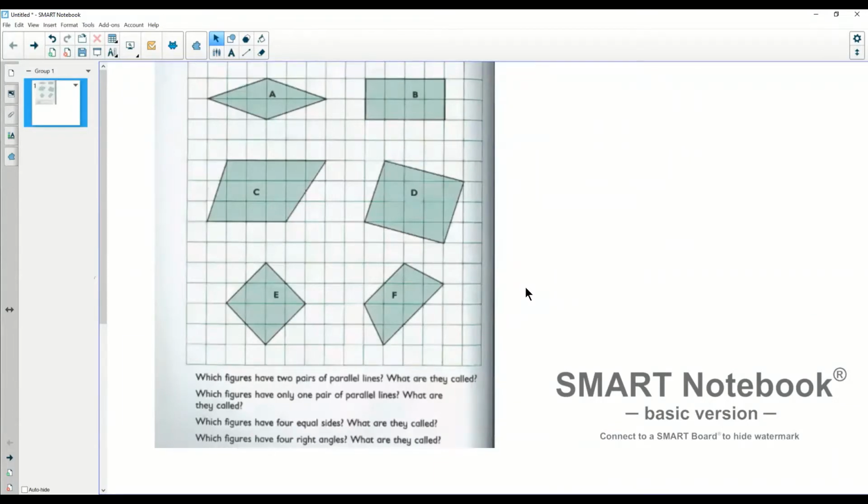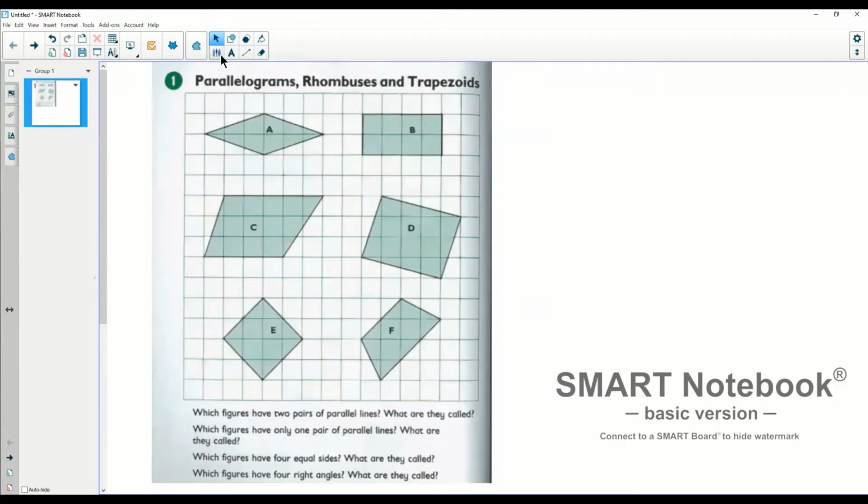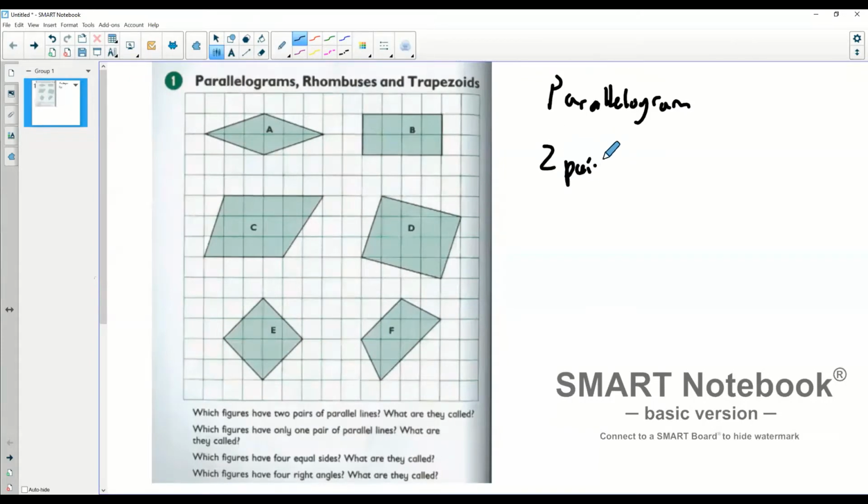We're going to be going over parallelograms, rhombuses, and trapezoids. So what are the characteristics of each one of them? A parallelogram has two pairs of parallel sides.